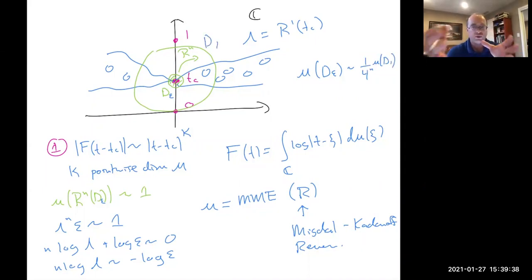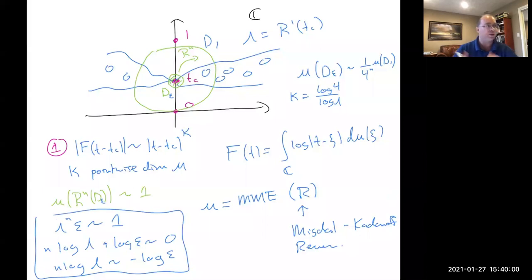So it's this interplay: your measure transforms by the degree, but the size of your disk transforms by the multiplier. And you use this interplay, and then you get kappa. Kappa is equal to log of the degree, which is 4, over log lambda, if you do estimates like this, which maybe I won't try to do in front of everybody.